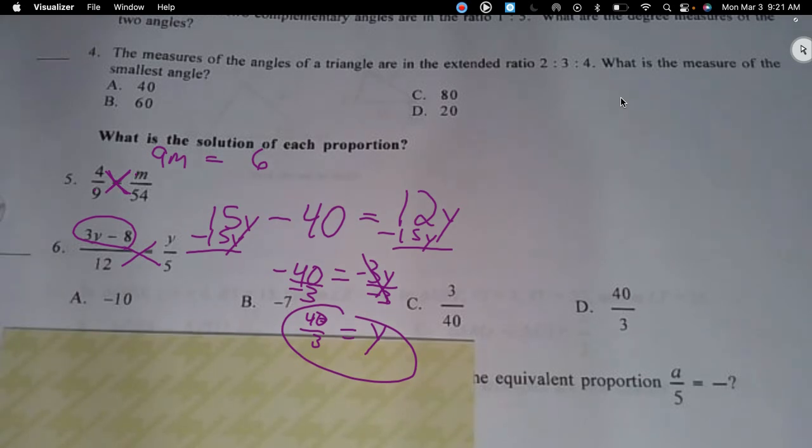It goes across the equal sign. Just like this one, see how this one went on this side, this one went on that side. And it doesn't matter which side they're on. Like, in this case, I did 9m on this side, and then the 216 on that side. Does that make sense?